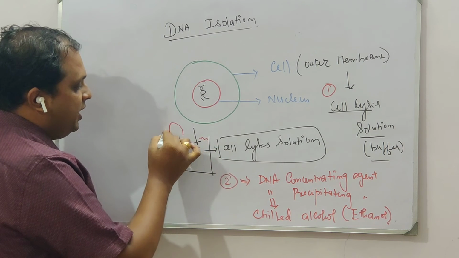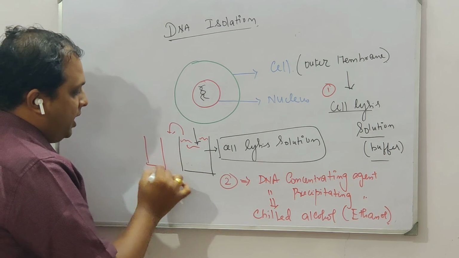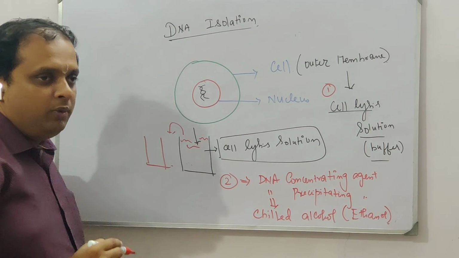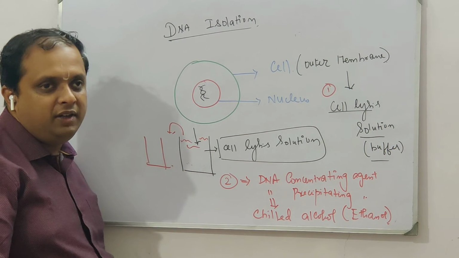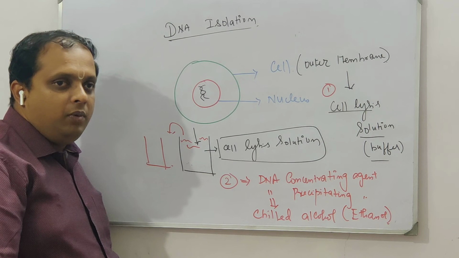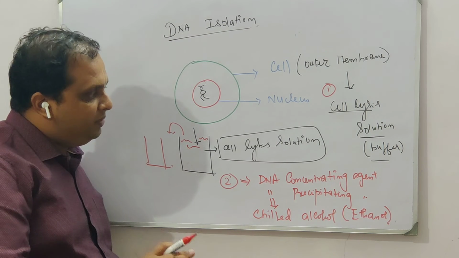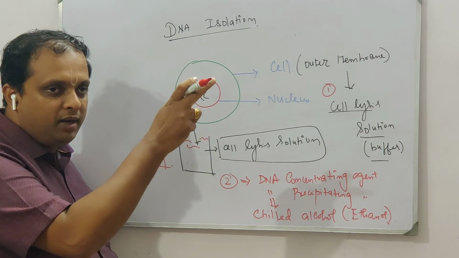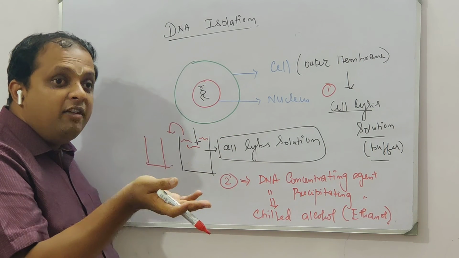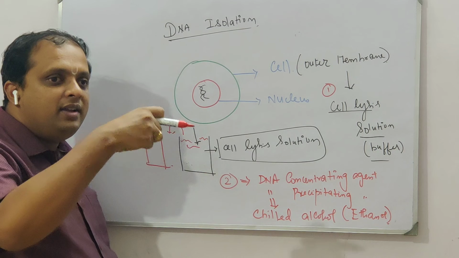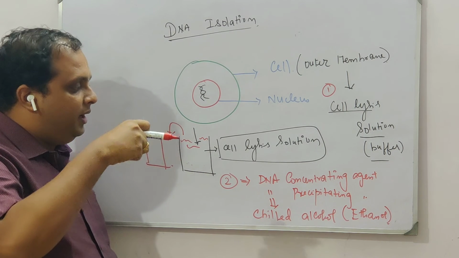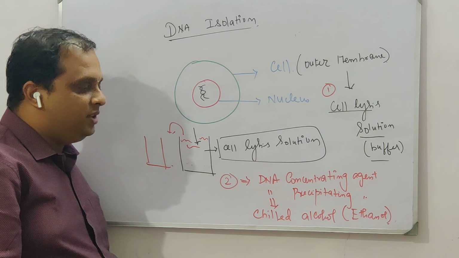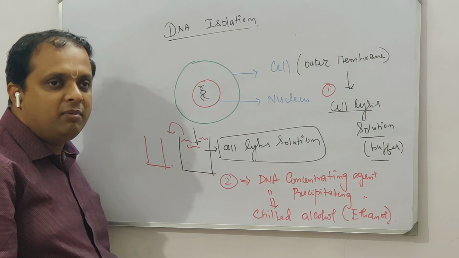So you can get this DNA easily into another tube, right? Now you have got your DNA ready with you. I hope this is clear. So there are just two steps: break open the membrane, release the DNA from the cell, and isolate the DNA by adding a DNA precipitating agent or DNA concentrating agent, which is nothing but chilled ethanol.